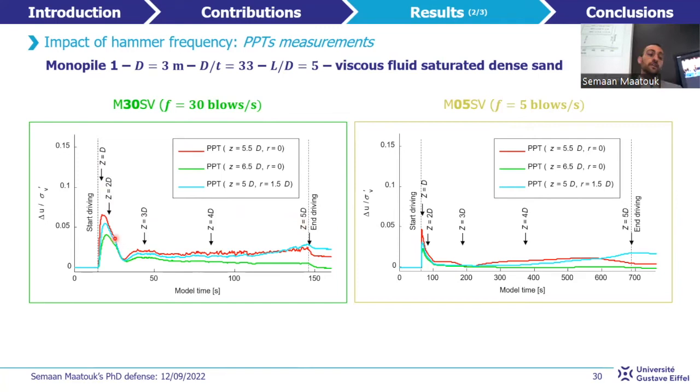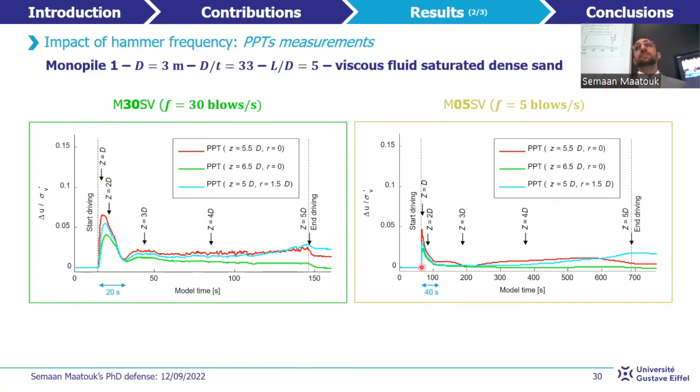Higher excess pore fluid pressure values are obtained for shallower depths, until Z equals 1D, due to the higher penetration rate of the monopile initially. Then it tends to decrease progressively as the monopile progresses between 2D and 3D, until reaching smaller values after 20 and 47 seconds respectively from the start of the test.